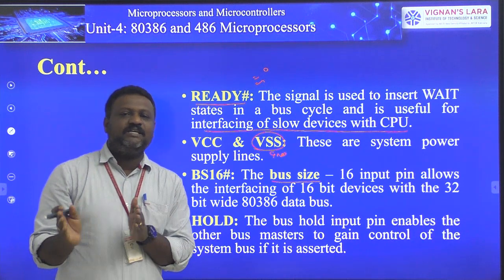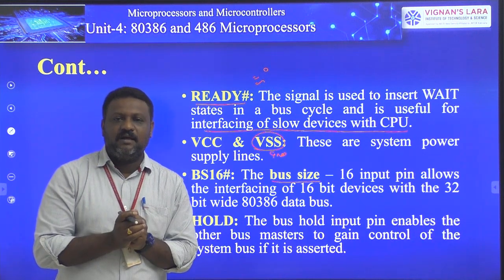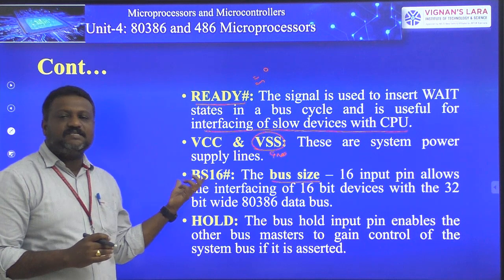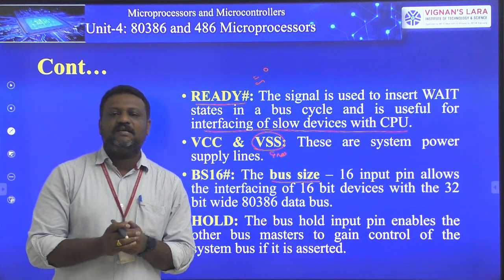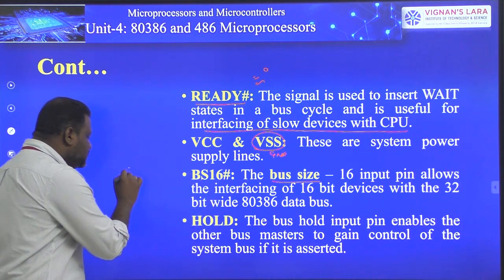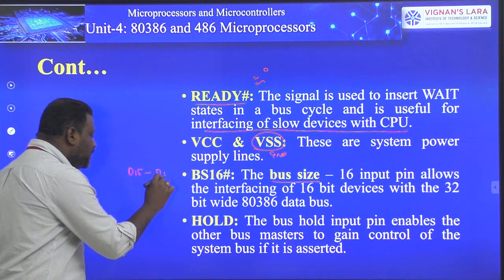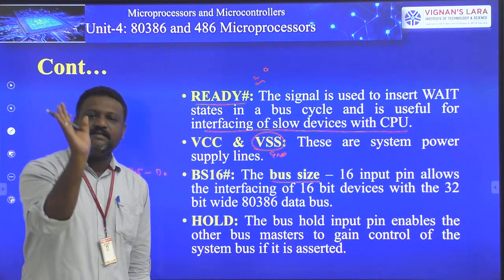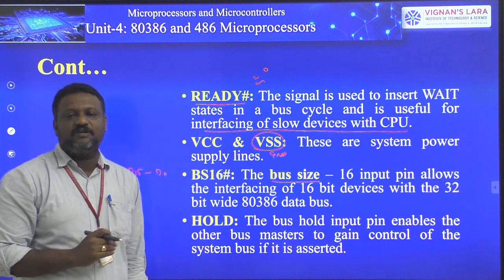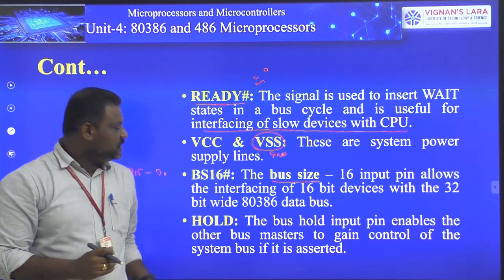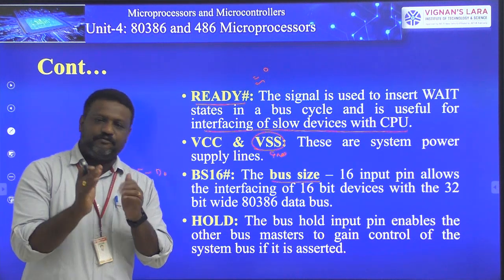At that time, I need just 16 data lines. So in that case, I take the help of this control signal. By using this, I can use only the data lines D15 to D0. These 16 data lines are sufficient to communicate with the external device. So at that time, this signal is helpful for me.